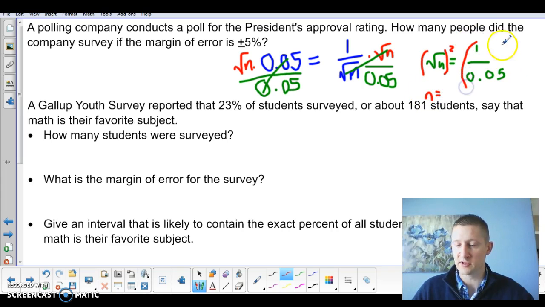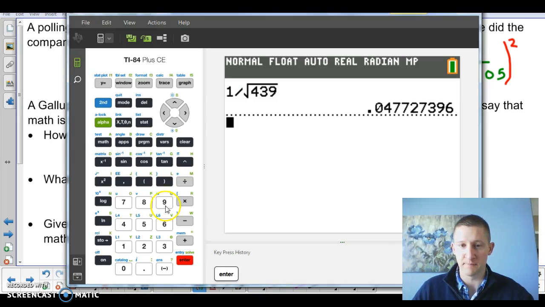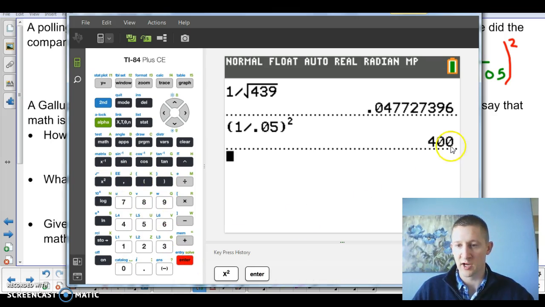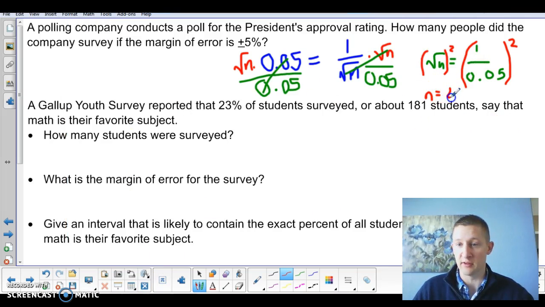So 1 over 0.05 is going to be squared. Be careful with your parentheses here. We could type that into our calculator though. If we have parentheses, 1 divided by 0.05, close parentheses, and square that expression, we end up with 400. So 400 would be n, the number of people that were in this particular survey.